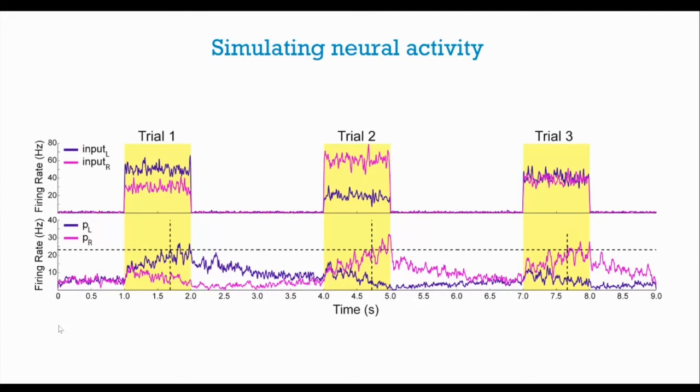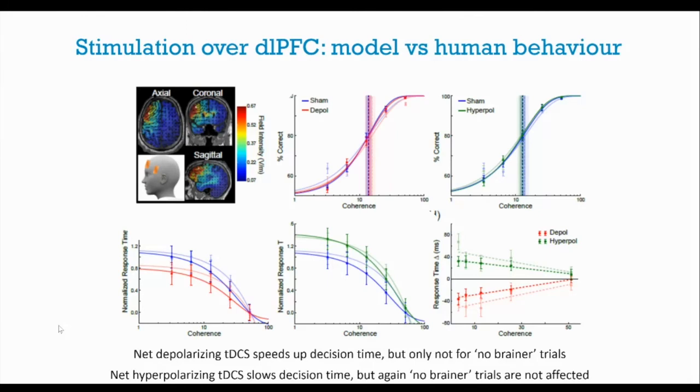You compare the model and the behavioral subjects in terms of the decision and the response time, and they match really well. The dashed lines are the model data, and the solid lines are the observed data. And you can see that depolarizing stimulation decreases response times, vice versa for hyperpolarizing stimulation.